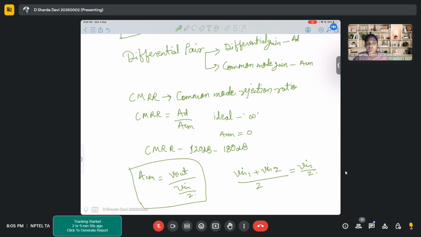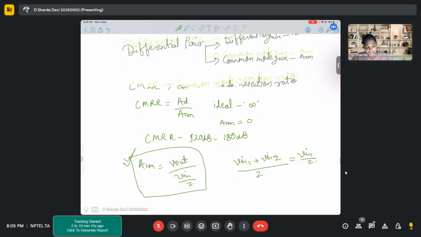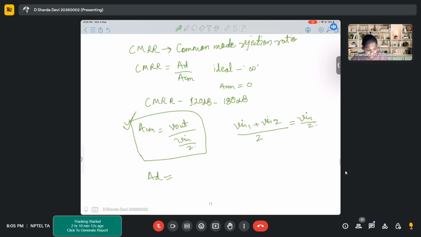Because there are two voltages, you want it with respect to one, so you have to reduce it by half. And for differential, if we go by the very basic, it is V out by Vin1 minus Vin2.